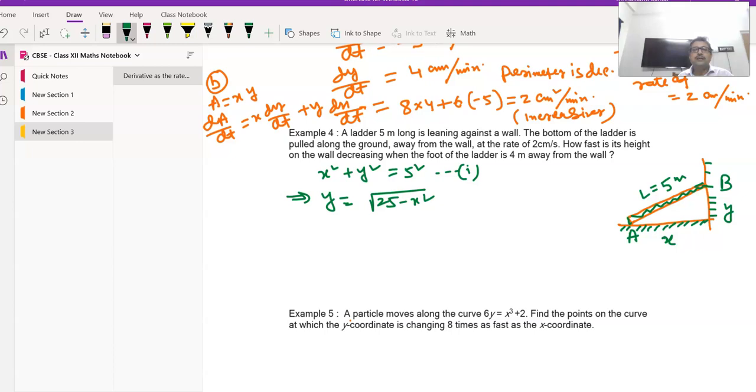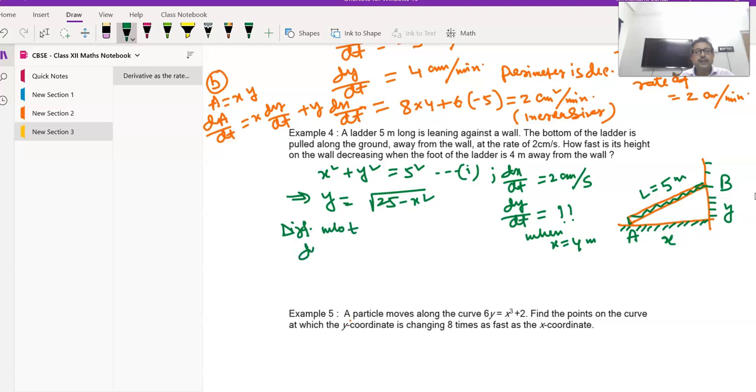Now dx by dt is given to be 2 centimeter per second. Your problem is to find dy by dt when x is equal to 4 meter. Okay. So what you are going to do there, just differentiate with respect to t.